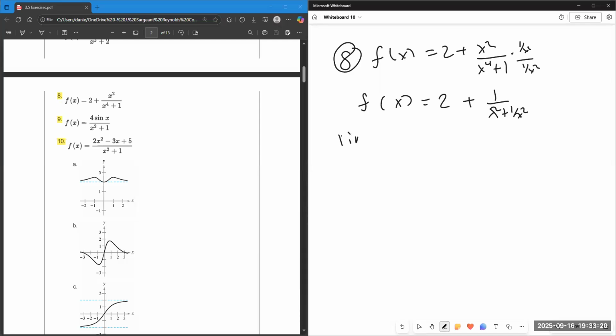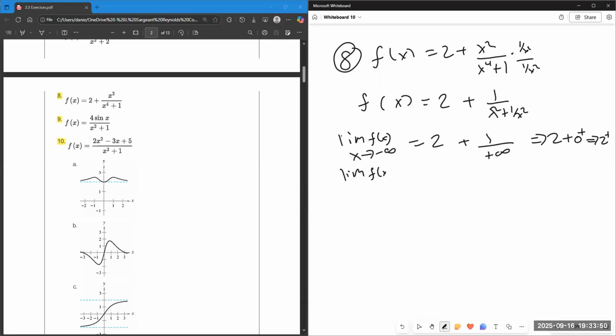The limit of f of x as x goes to negative infinity is going to be equal to 2 plus 1 over, and then this is going to be positive infinity in the bottom here. So this is a positive divided by a positive. This is 2 plus coming at 0 from a little bit bigger. So this is going to be a number a little bit bigger than 2.